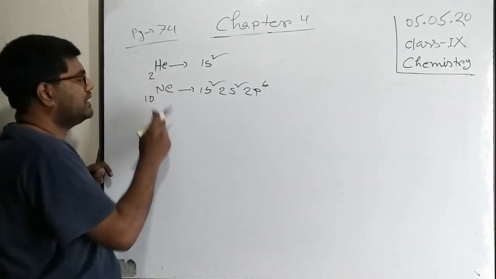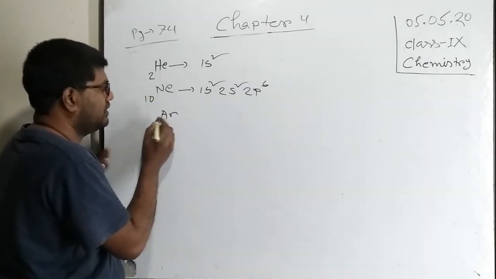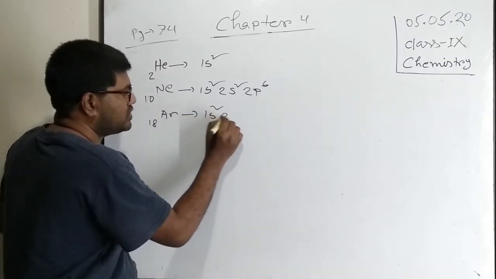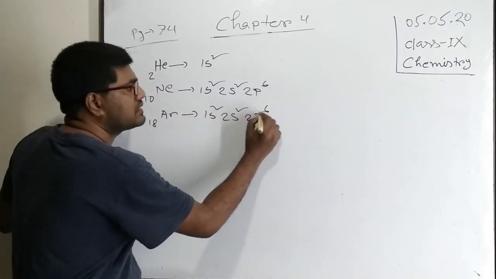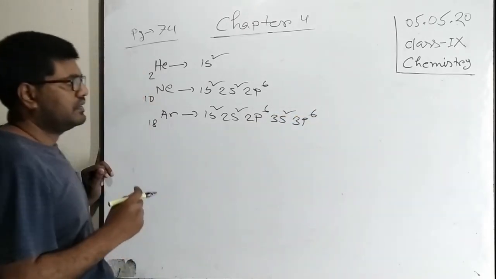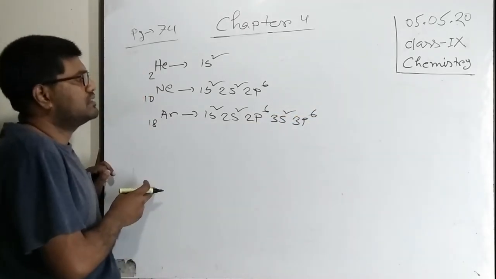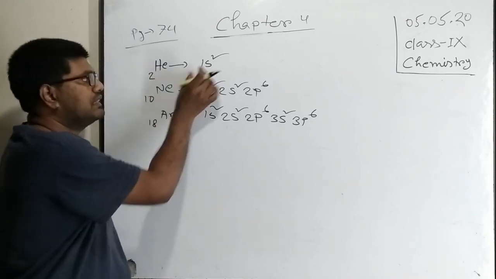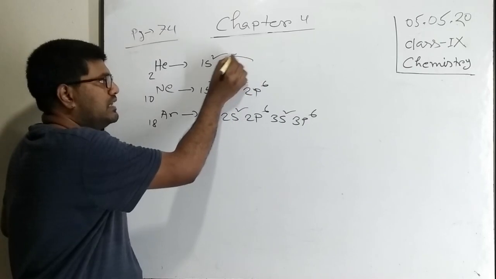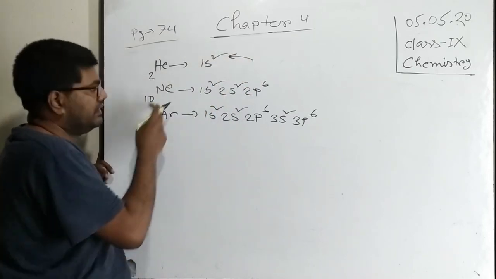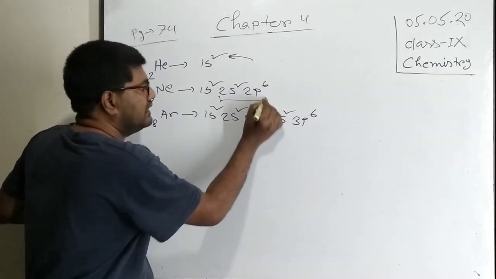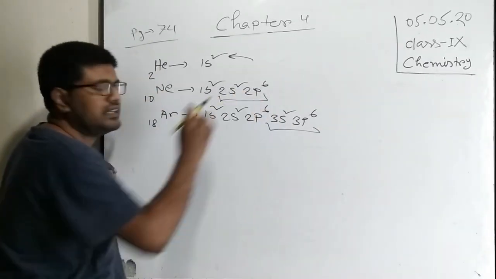Then argon: atomic number 18, electronic configuration 1s2, 2s2, 2p6, then 3s2, then 3p6. So you can see that in the first element, helium, the duet is filled, that means there are 2 electrons in its orbit. Then in neon, argon, krypton, xenon, radon, the octet is filled up.